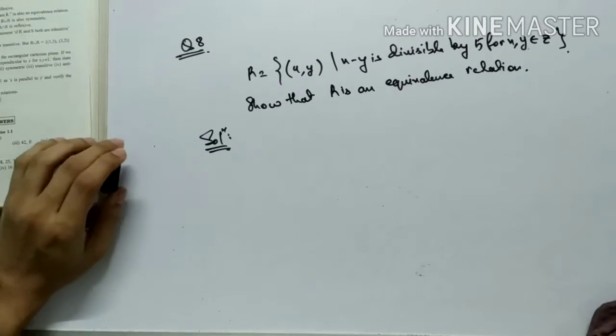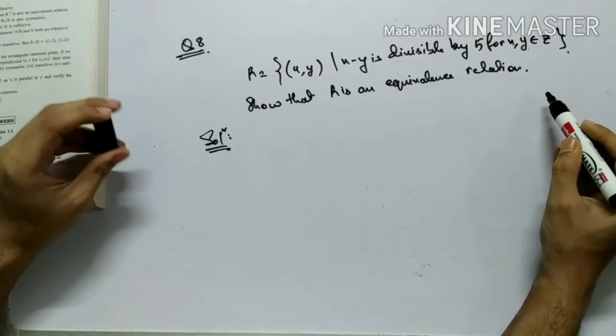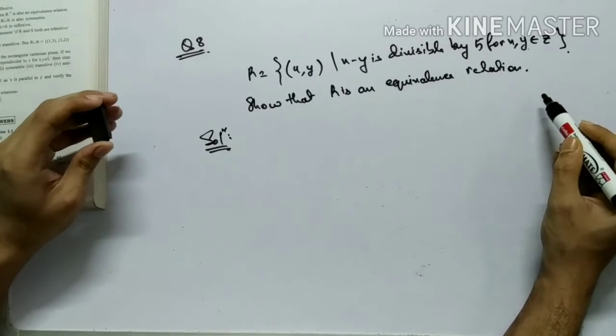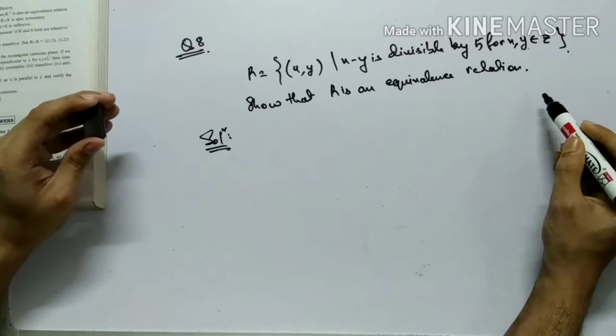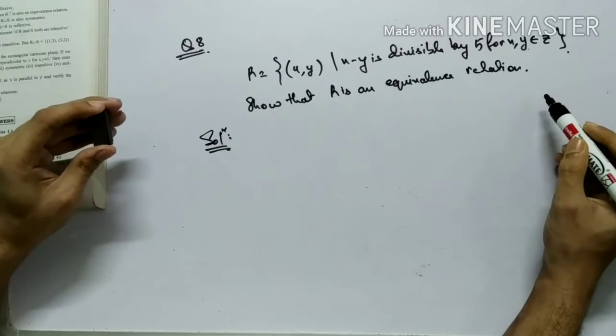Now in your solution, R equals {(x, y) such that x minus y is divisible by 5, for x, y belonging to Z}.